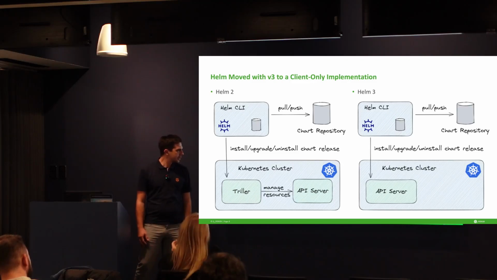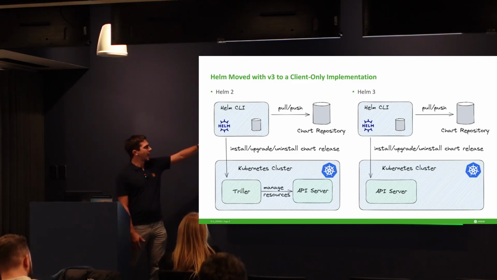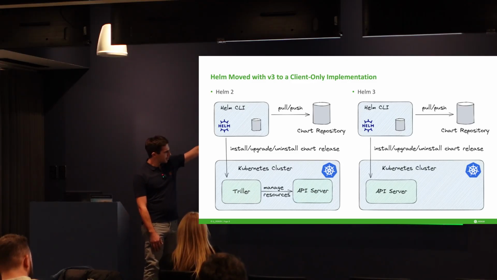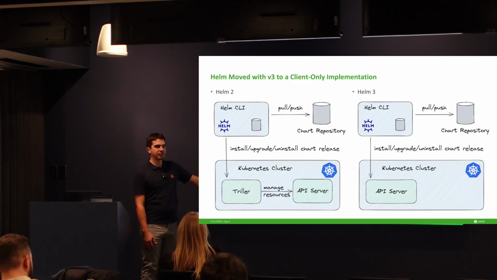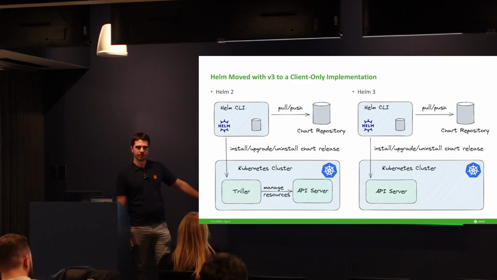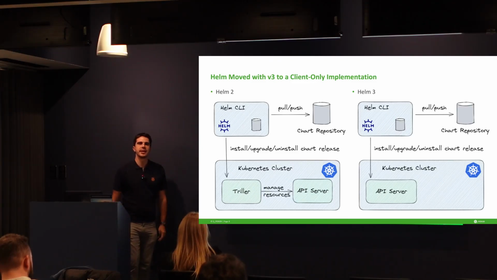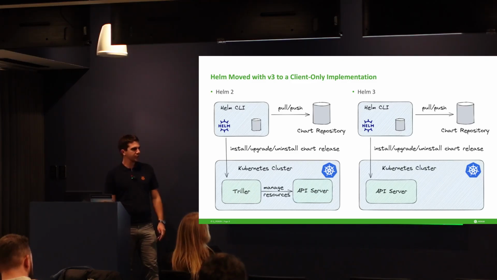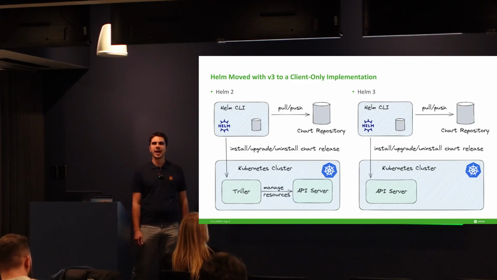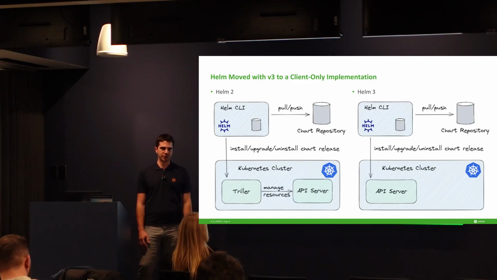This is in the Kubernetes cluster, and your Helm CLI on your computer always interacted with Tiller, a server part of Helm. And this then talked to the API server in Kubernetes and applied these resources. With Helm version 3, they removed this Tiller part, and now it's a client-only application.